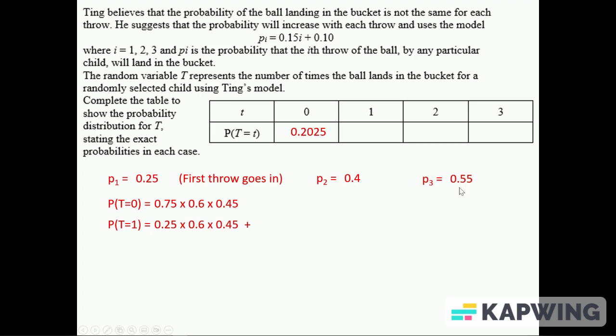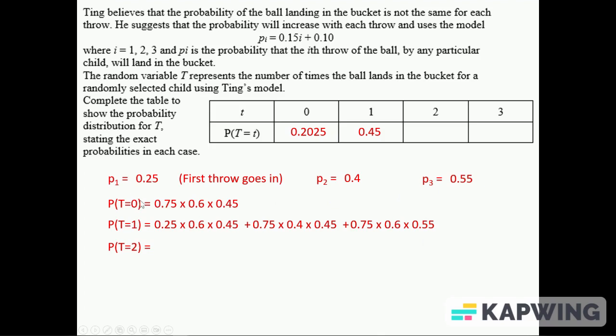So hit, miss, miss. But then it might also be just the second one in, so a miss, a hit, and then a miss. So 0.75 times 0.4 times 0.45, or they get the third one in, so miss, miss, and a hit, and you get 0.45 for that.